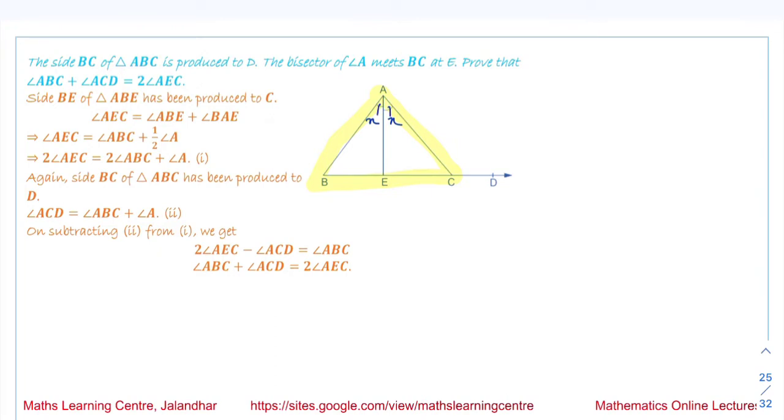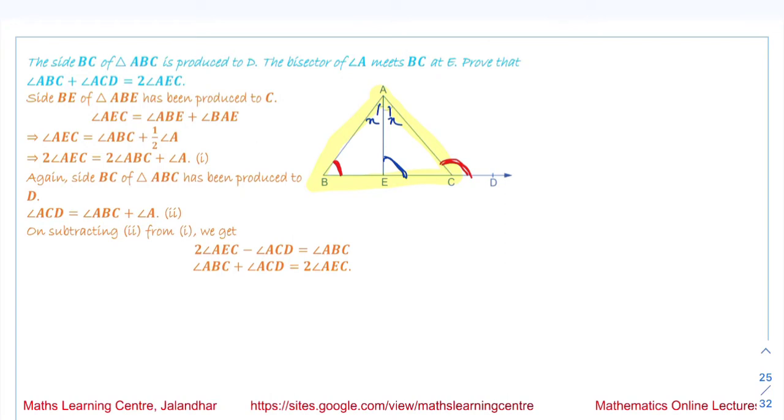Both the angles are x, and they meet at E. We have to prove that angle ABC plus angle ACD, this angle, is equal to 2 times angle AEC. We have to prove that the sum of these two angles is equal to 2 times angle AEC.